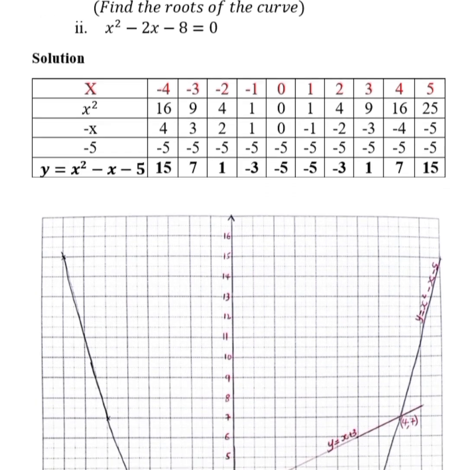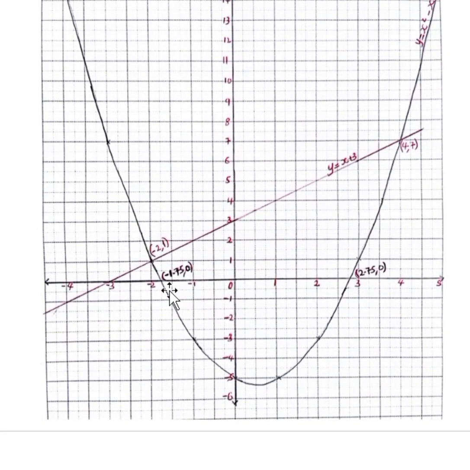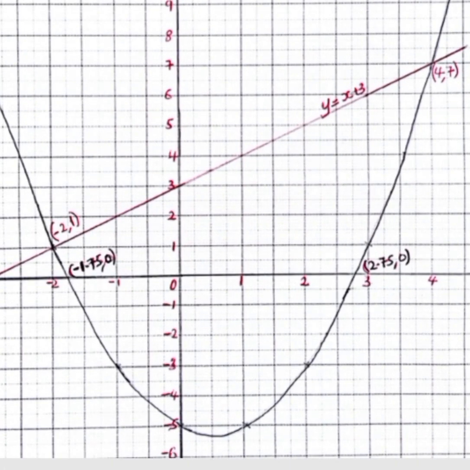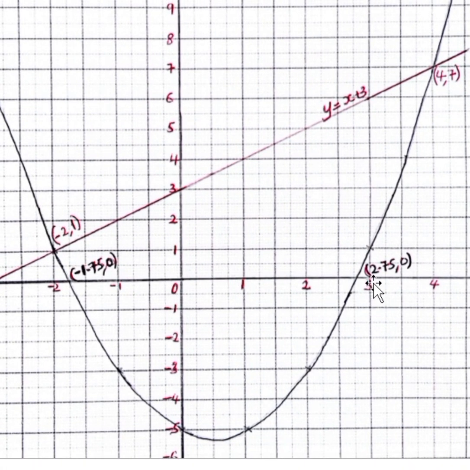Now in our case here, the graph intersects with the x-axis at negative 1.75 and at 2.75. Take the x coordinates, that's negative 1.75 and 2.75.